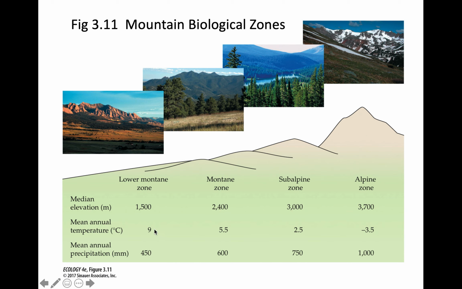You're also going to get more and more precipitation. And so this is a figure showing you different biological mountain plant zones. So we have the lower montane, we have the montane zone, subalpine, and alpine zone.